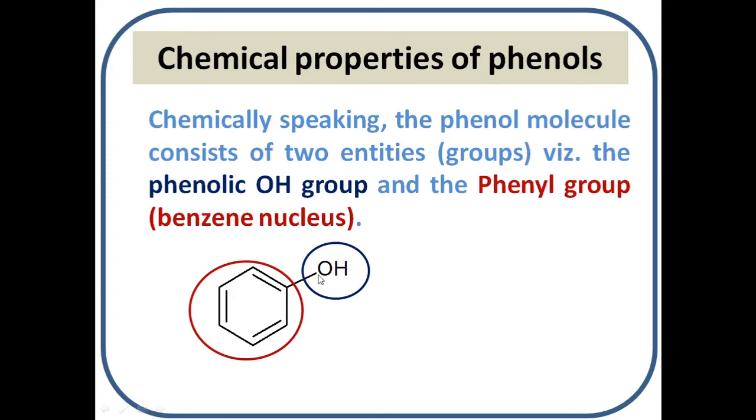In the case of phenols, the OH group is directly attached to the benzene nucleus, while in the case of alcohols, the OH group may be attached to some alkyl groups, say like this example C2H5OH, means here the OH group is attached to the alkyl group, while in the case of phenols, the OH group is attached to the aryl groups. That is a fundamental difference between phenols and alcohols.